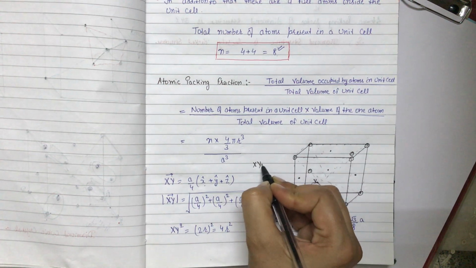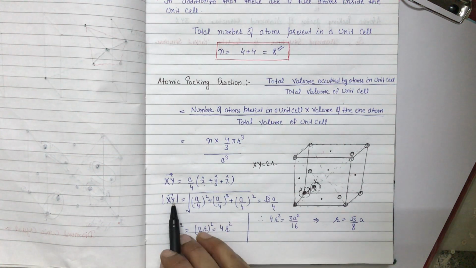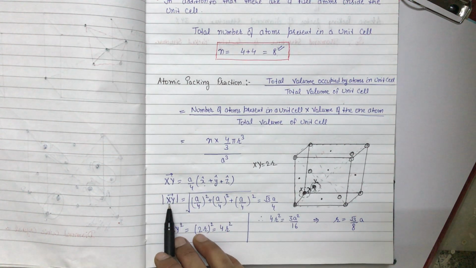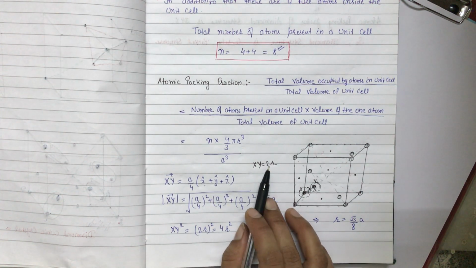So XY is equal to 2r. Clear? Also I have evaluated that this XY vector magnitude in lattice parameter terms is under root 3 A by 4, and this XY magnitude is also equal to 2r.